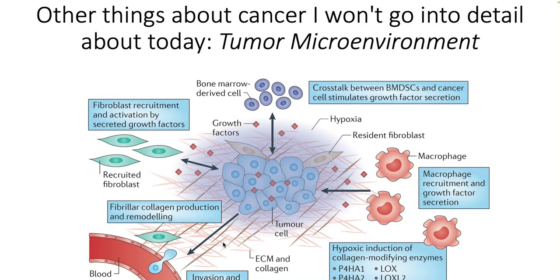Is there a rich collagen matrix, or is the collagen matrix maybe not as rich and there's more space for the tumor to grow? What's the hypoxia environment like? Are there bone marrow derived cells nearby? There are many things that contribute to the microenvironment of a tumor.